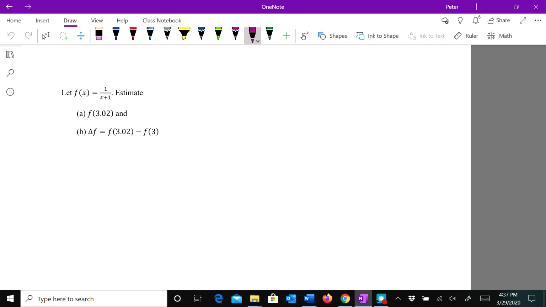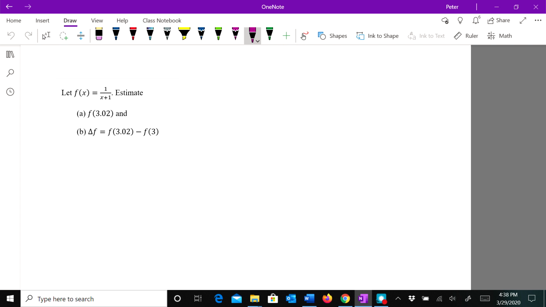So first, let f of x equal 1 over x plus 1, and let's calculate an estimate or approximate value of f of 3.02, and also find the estimated value of delta f. In other words, the vertical distance that the function changes as we go from 3 to 3.02.